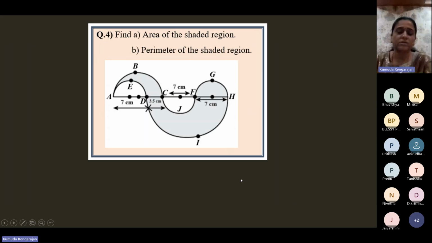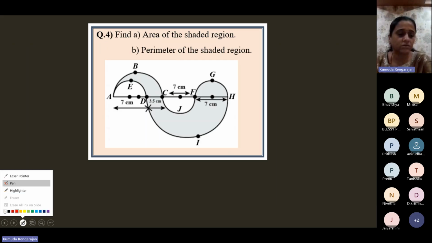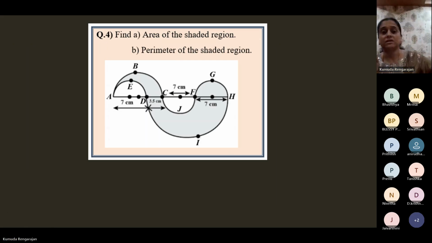Okay, so tell me, how do you find the area of a semicircle? What's the formula to find the area of a circle? Pi r square. So the area of a semicircle? Pi r square by 2.